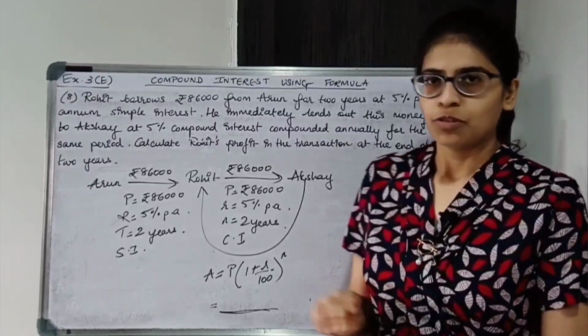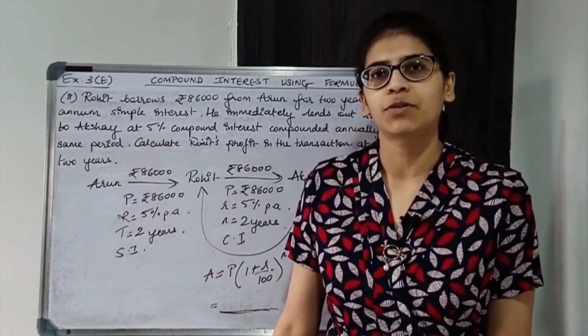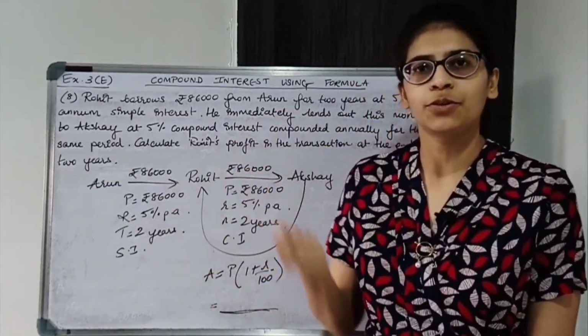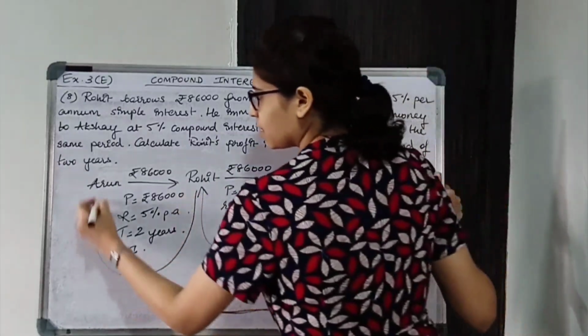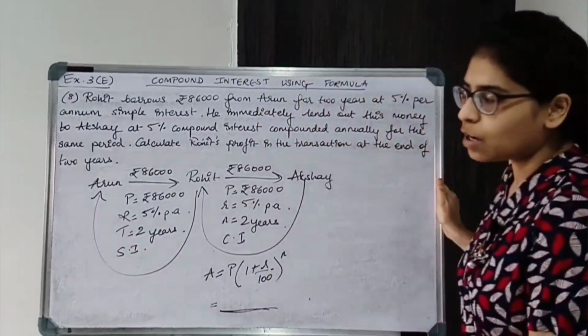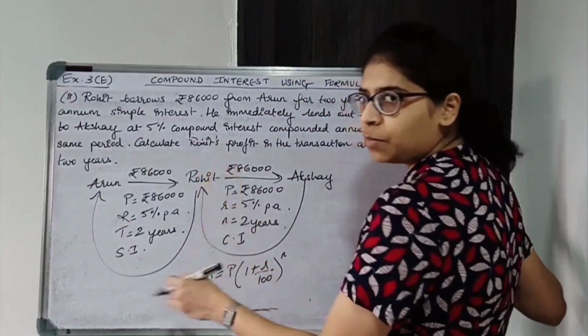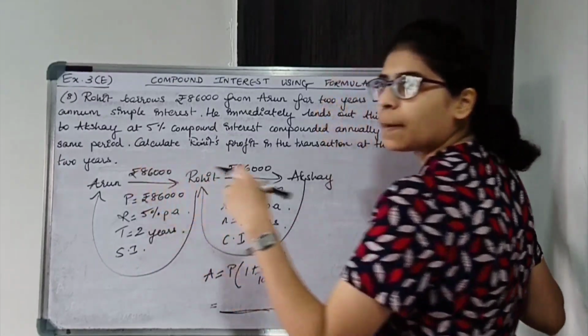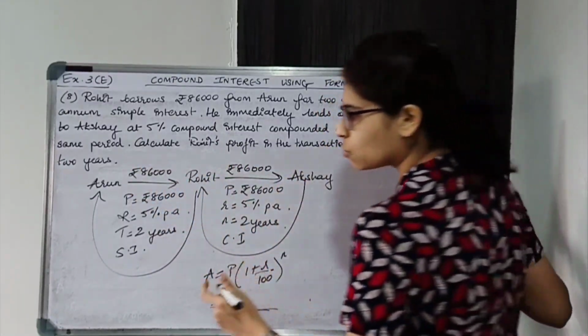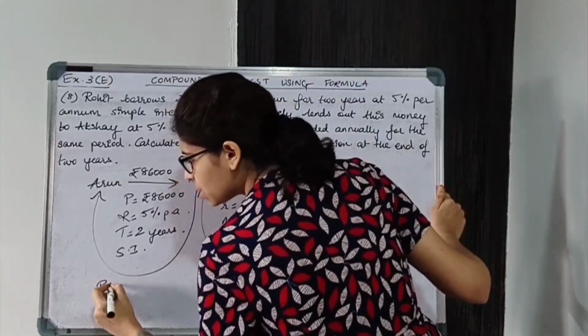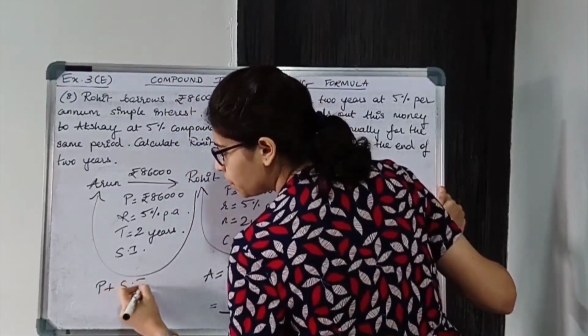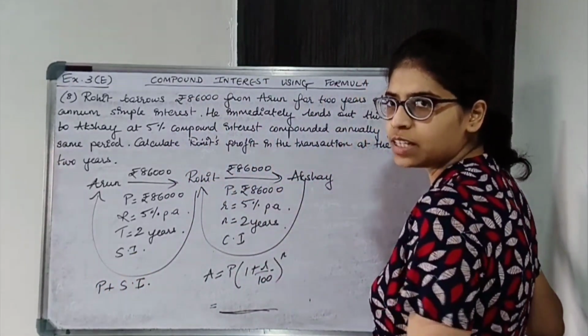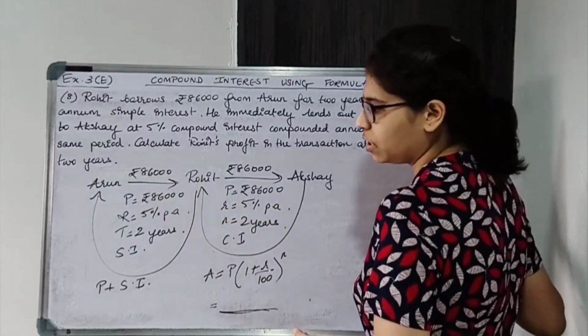Now Rohit also has to return a certain amount to Arun after 2 years. He will be returning the original sum, that is principal, plus the simple interest. He is not paying compound interest to Arun.